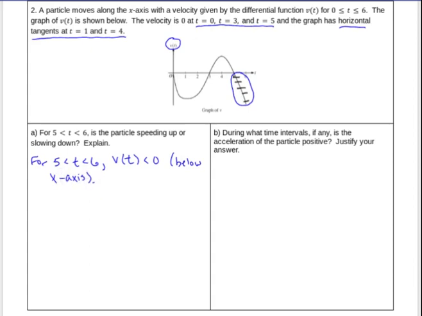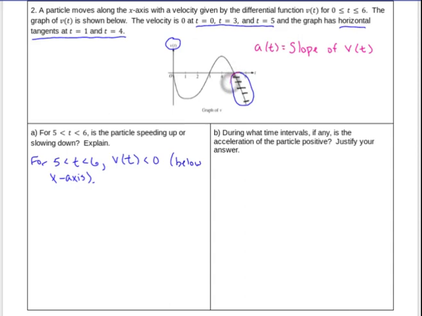So we're just making some notes here of how do we know this and what do we know. All right, well, let's think about the velocity. If we have the graph of velocity, we know that the slope of v of t is going to be the acceleration, because acceleration is the rate of change of velocity.